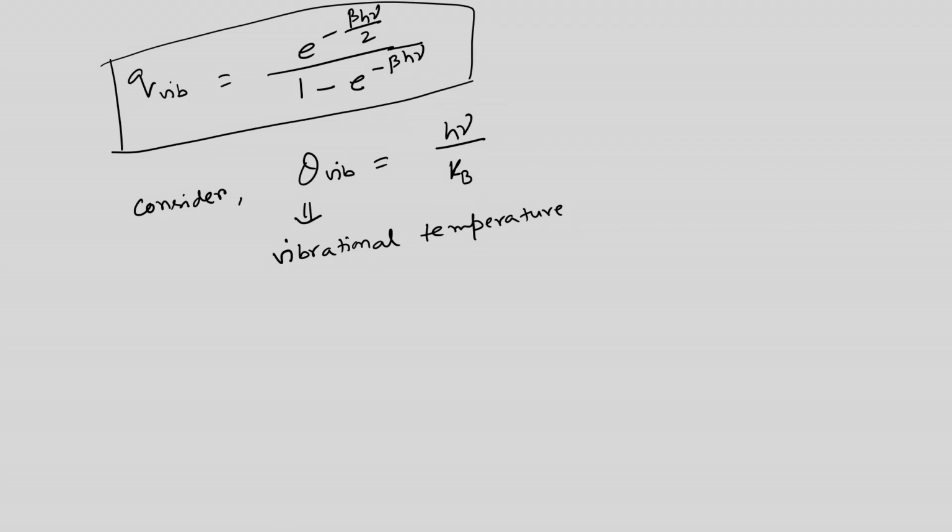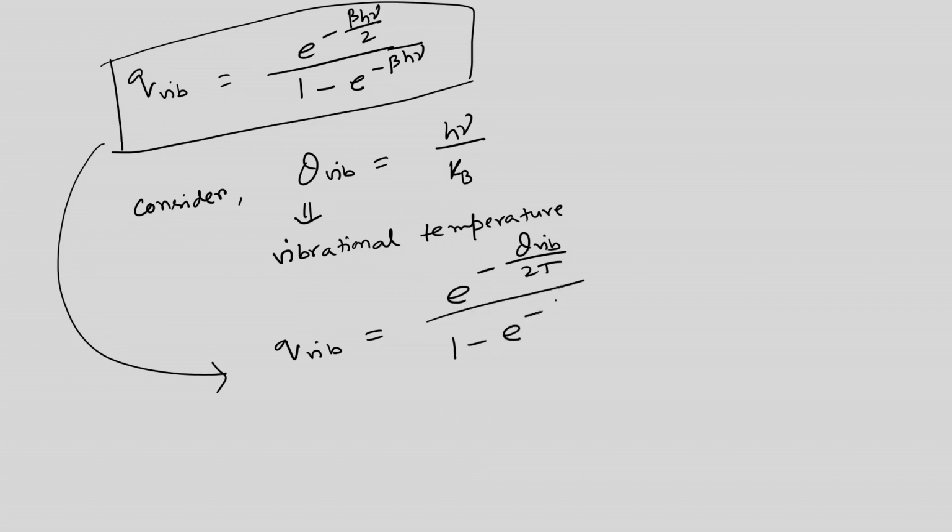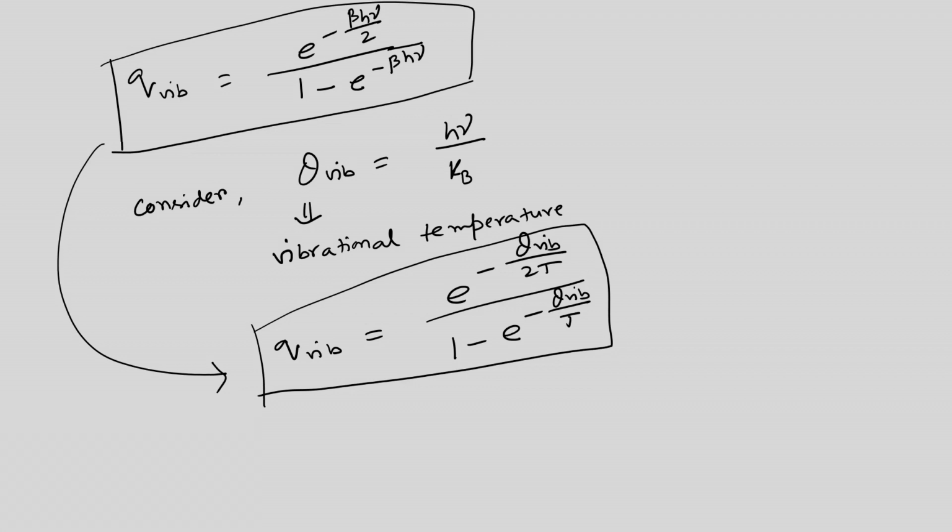So, now if we substitute theta vibrational into the expression of Q vibrational, we get Q vibrational is e to the minus theta vibrational by 2T, and in the denominator we have 1 minus e to the minus theta vibrational by T. So, we have got the vibrational partition function.